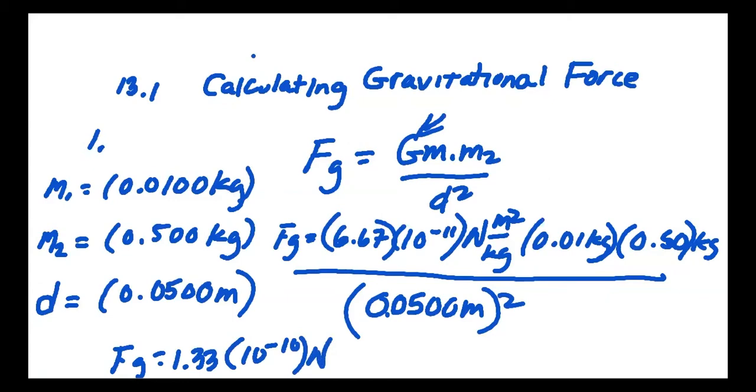Going on to 13.2, acceleration due to gravitational attraction. We're going to do the same thing, F equals ma. Suppose the two spheres in example 13.1 are placed with their centers 0.500 meters apart at a point in space far removed from all other bodies. What is the magnitude of the acceleration of each relative to an inertial frame?